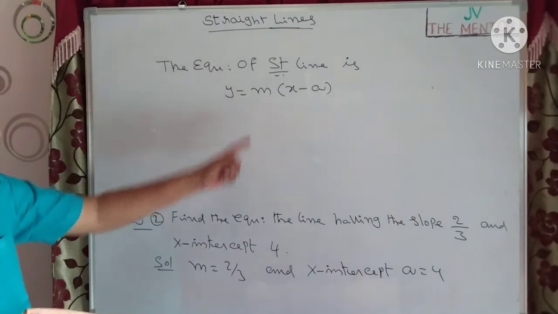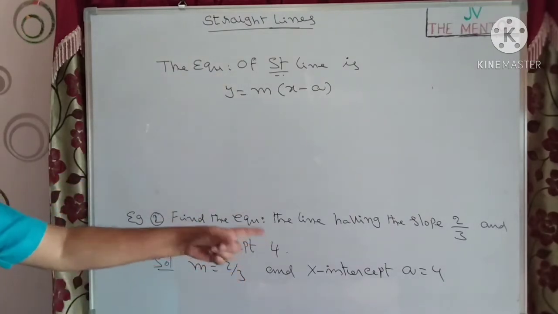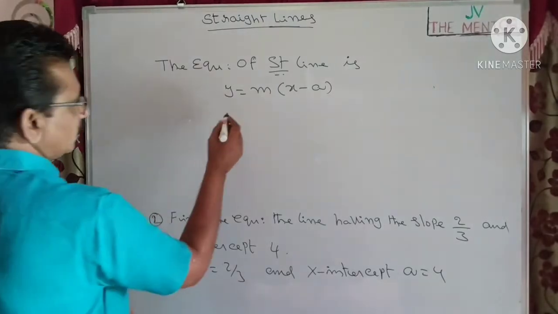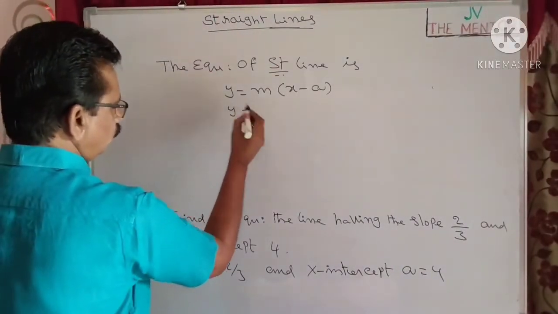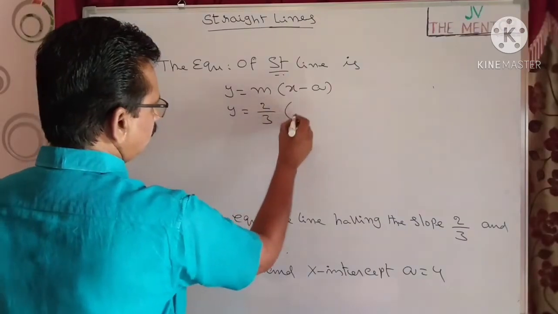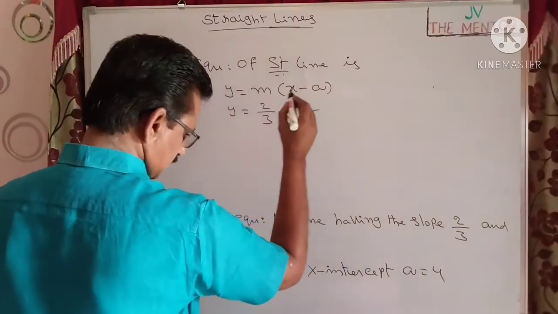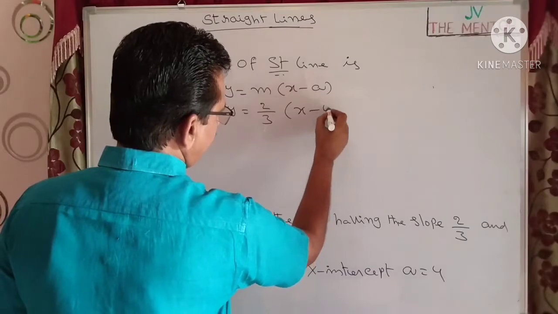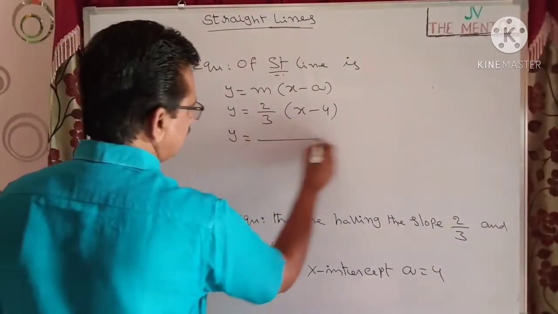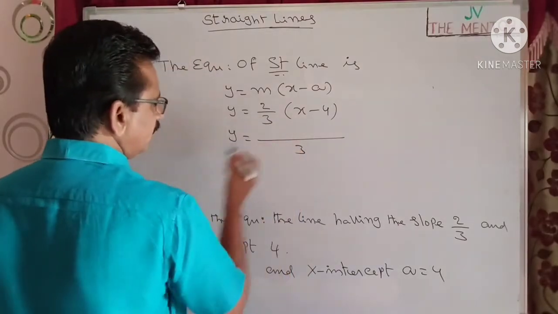Now substitute the values of m and a. Then we will get the equation of the straight line. y equal to, here m is 2 by 3 into x minus, what is the value of a? 4.